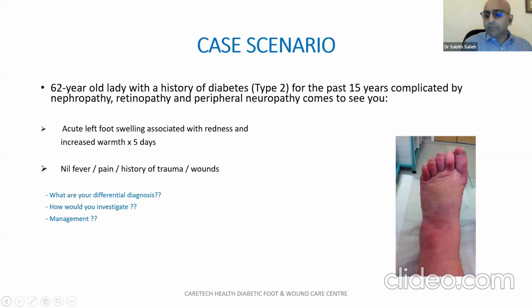Anything else? So how would you investigate this person? Is there anything that you would do? CRP, okay. Full blood count, all right. So looking for infection, yes. So I think most of us were thinking, okay, cellulitis, DVT. So how would you manage them?